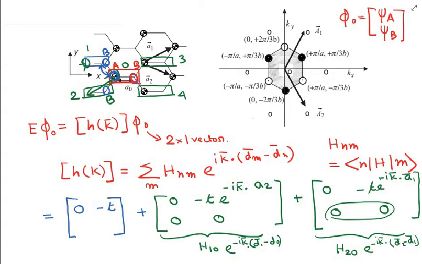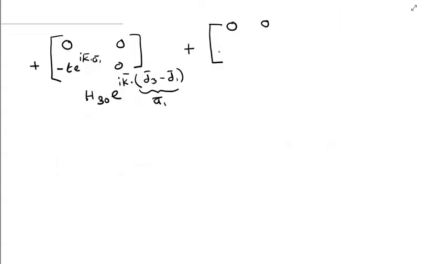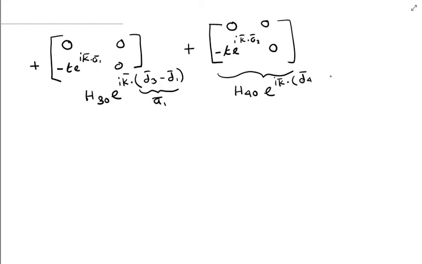So this one is precisely minus t e to the power ik dot a2 and 0. So this is basically H40 e to the power ik dot d4 minus d0.